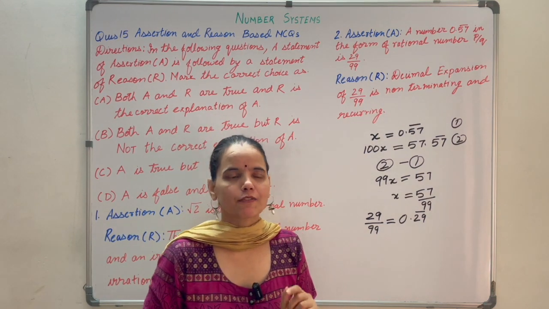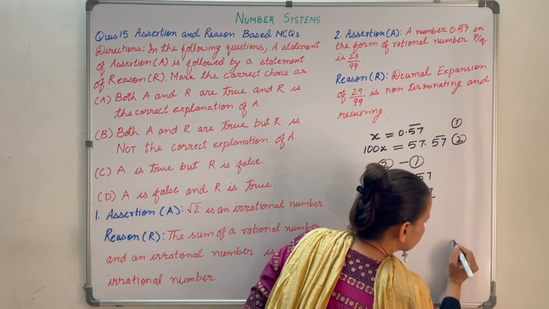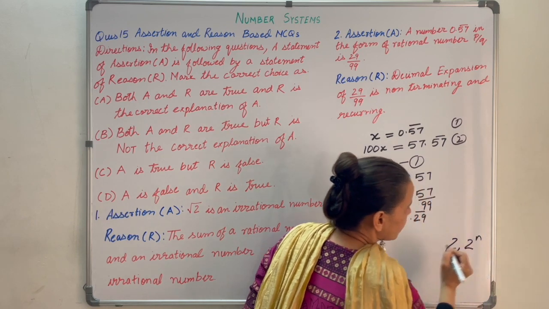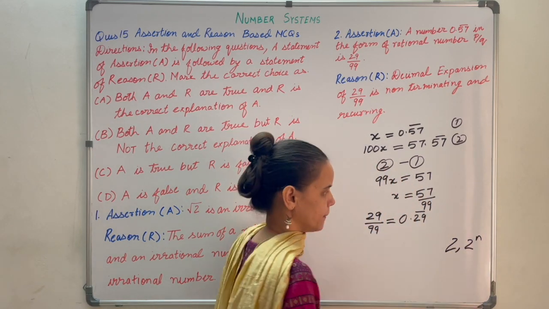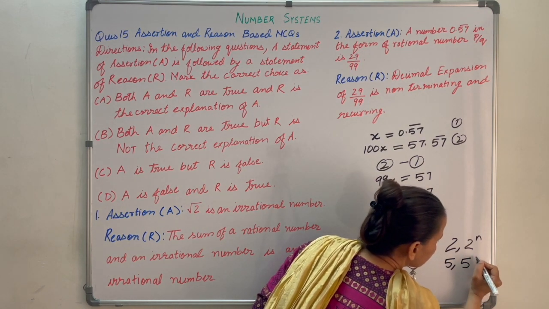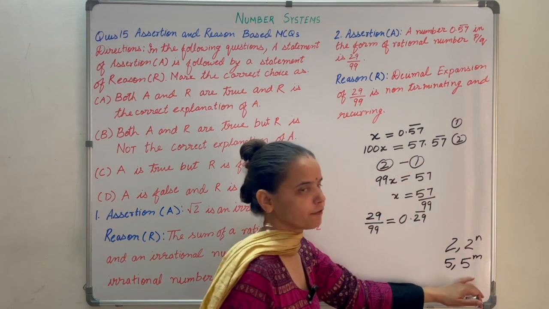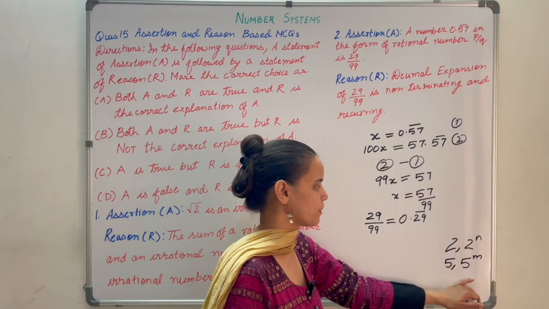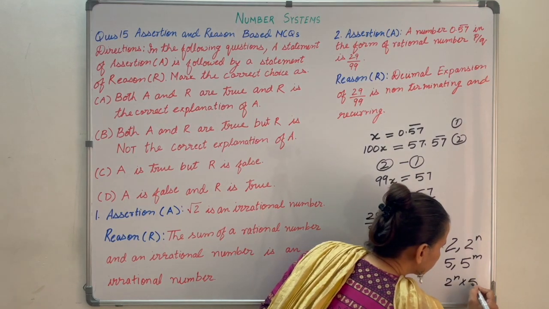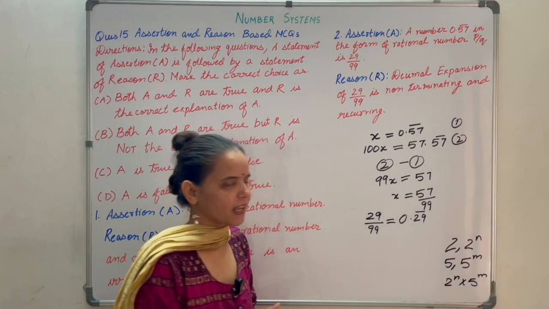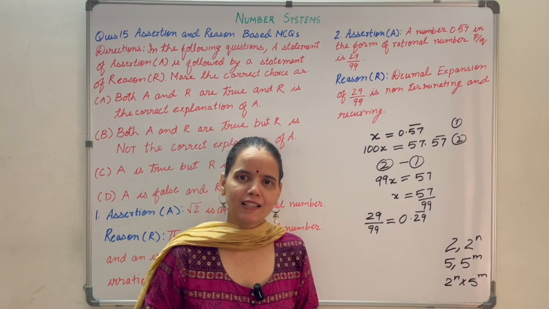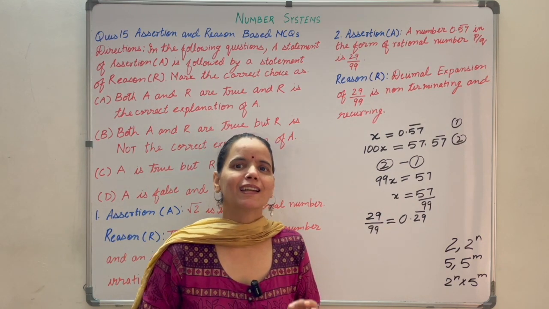If the denominator of the rational number is 2, or you can express it as 2 raised to power n, or if the denominator is 5, or it is any power of 5, like 5 square, 5 cube, and so on, or it is a combination of both, then the decimal expansion of that rational number will be terminating. Otherwise, it is non-terminating recurring.